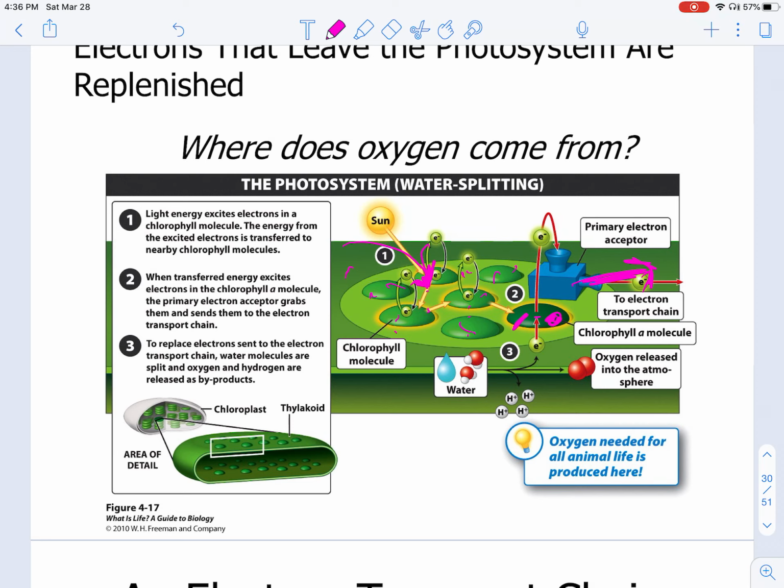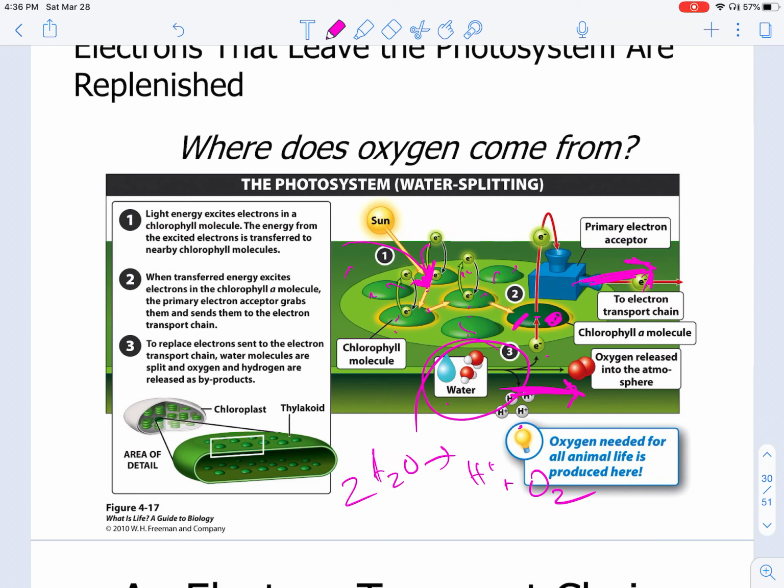And so what it'll do is actually take a molecule of water and split it into hydrogens and oxygen, right? And obviously you have to have two of these in order to make this work. So it takes water and splits it to form protons and electrons.